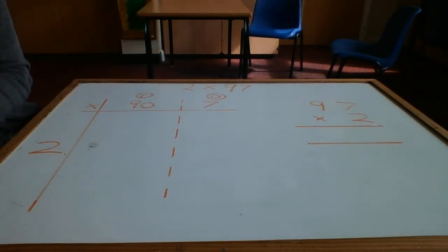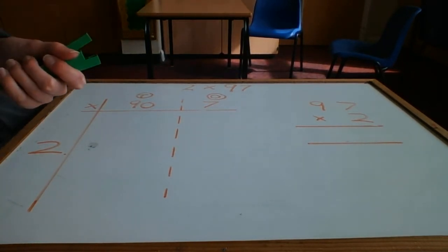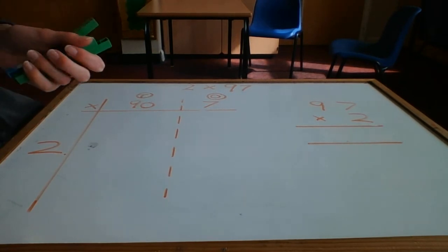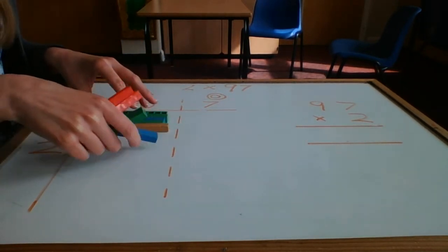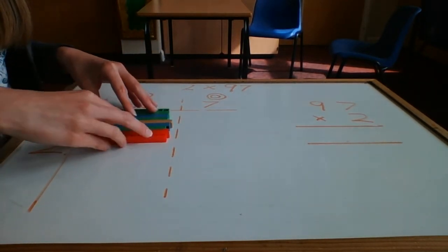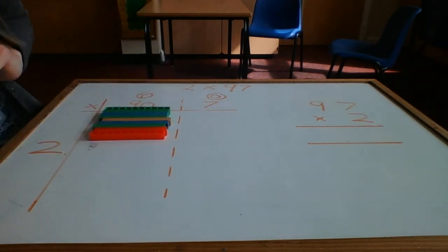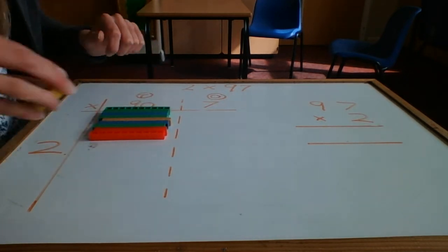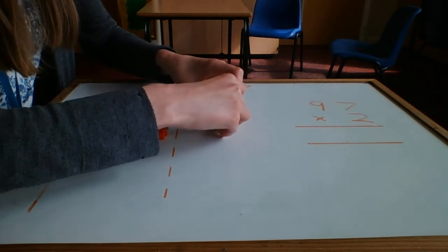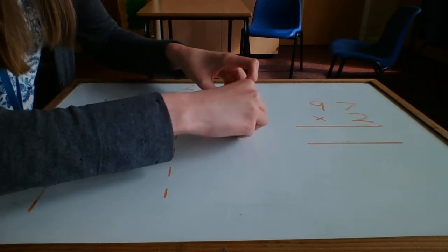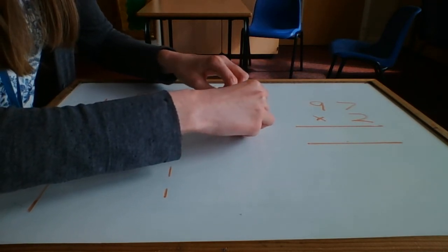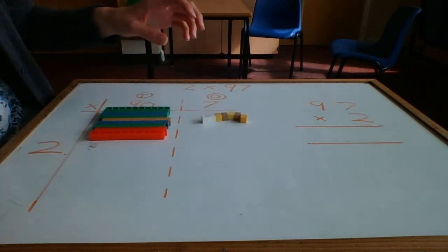So 1, 2, 4, 5, 6, 7, 8, 9. There's my 90. And 1, 2, 3, 4, 5, 6, 7. Excellent.